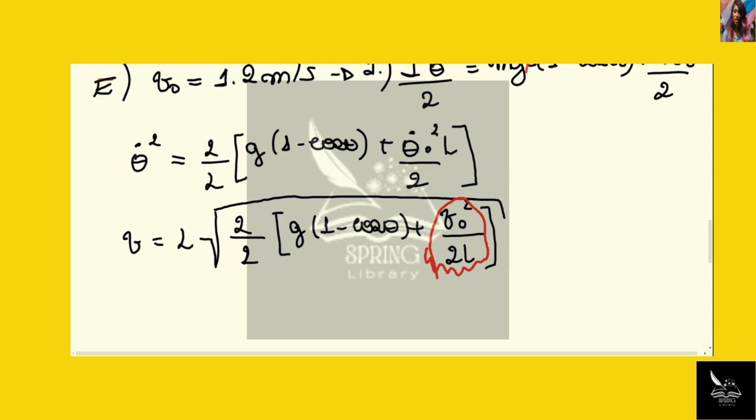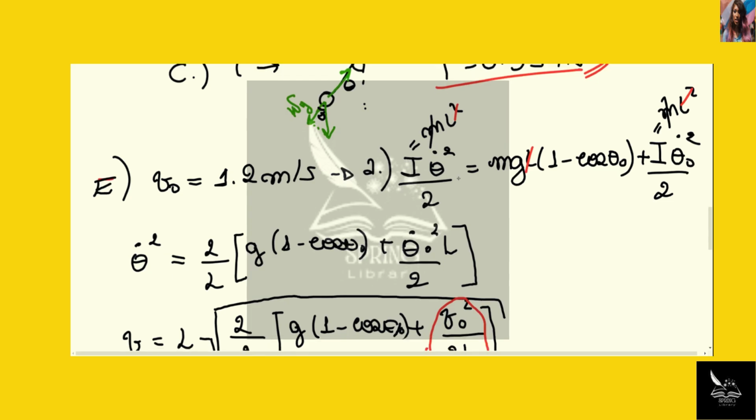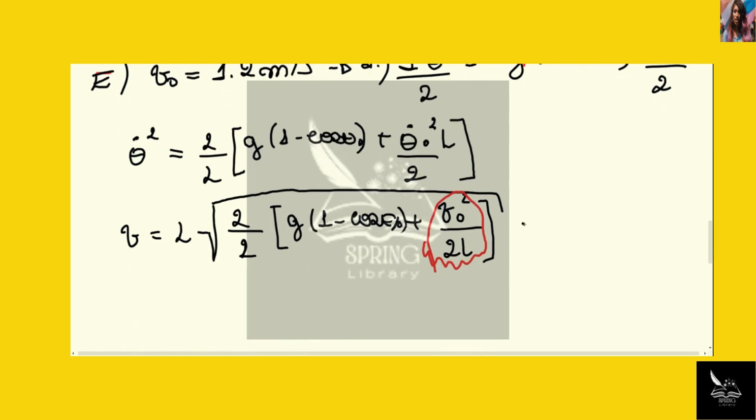Okay? Now, if we substitute everything for the values that we have, that is L for 2 meters, G for 9.81, theta 0 for 30 degrees, V0 for 1.2 meters per second, we are going to find that the velocity is equal to 2.58 meters per second.